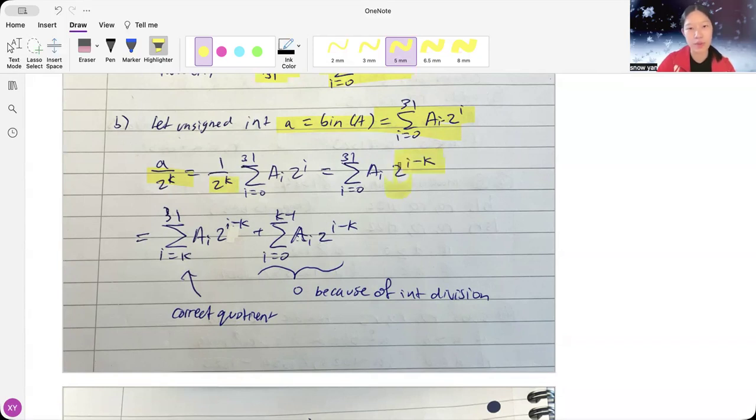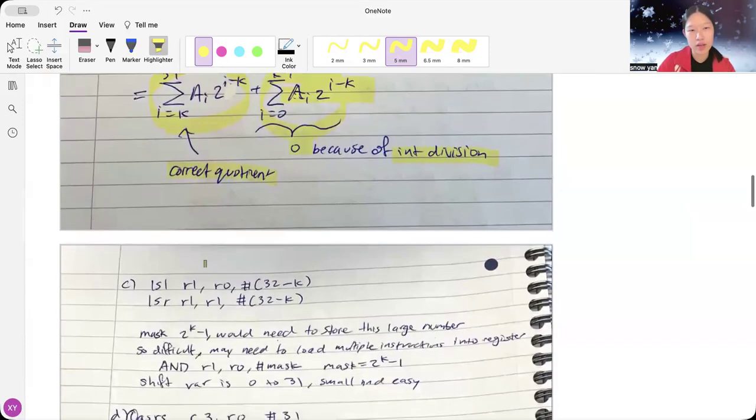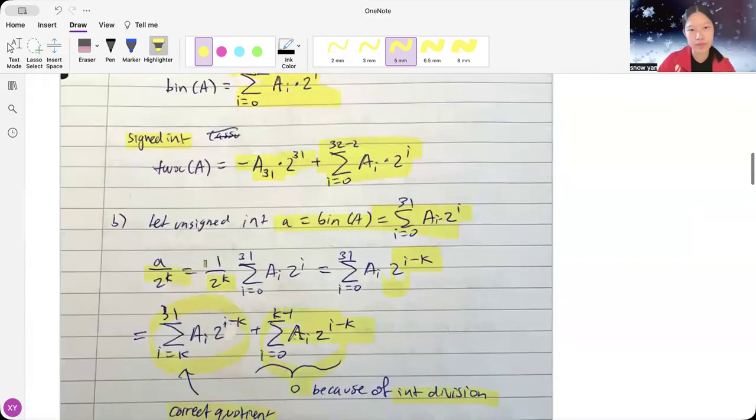So it's 2 to some power. And then we can split up the sum differently, right? The first part is our quotient, and then the remainder part. For the terms where i is smaller than k, this part basically goes to 0 because there's nothing left in integer division. So this part is 0, and the other part is just the quotient. So that's how it works.